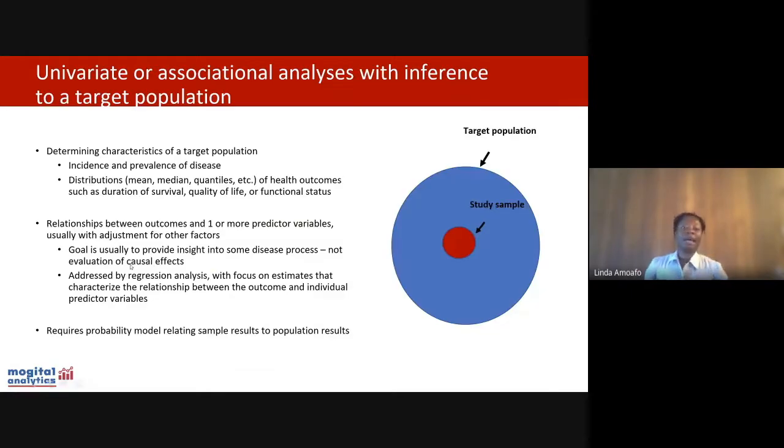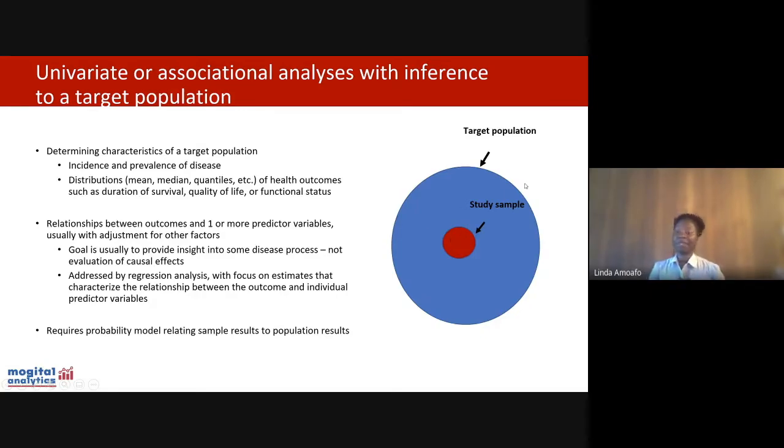Okay, so next on our list is the univariate or associational analysis with inference to a target population. Here we have a sample and a target population. This is our population, but we can't get to the entire population, so we need a sample, and that's what statistics is all about.